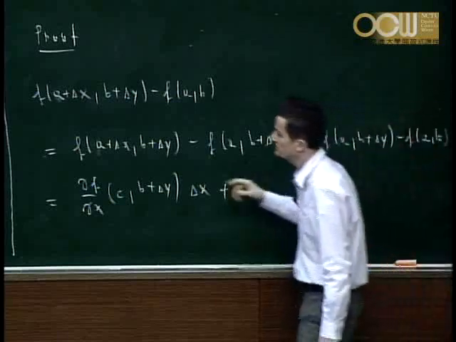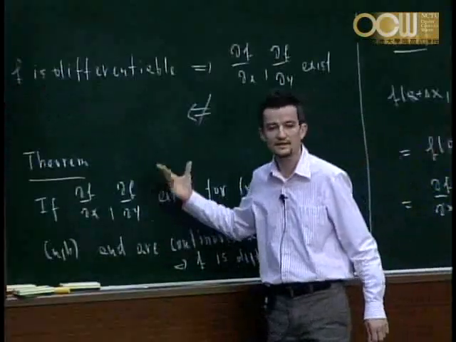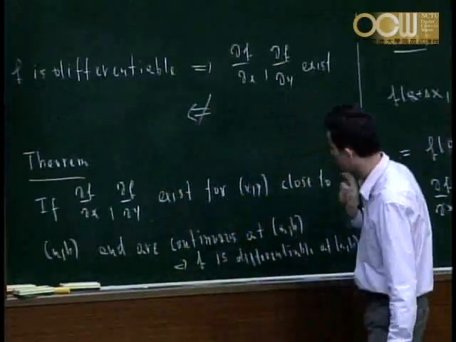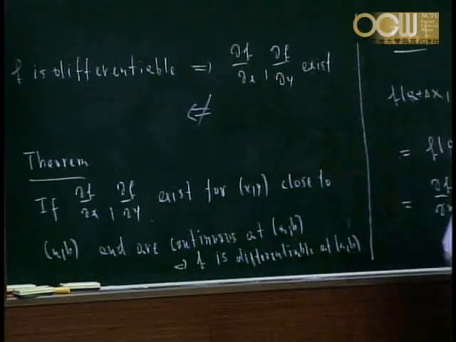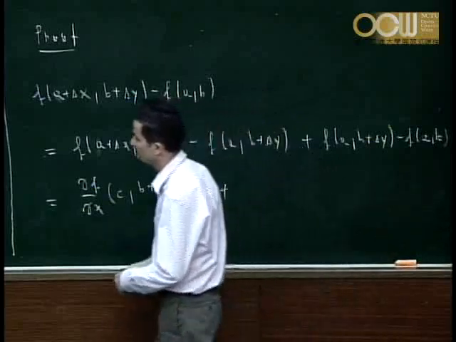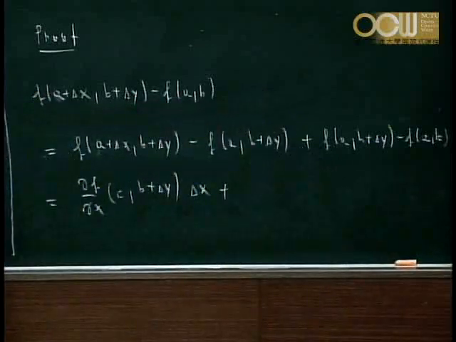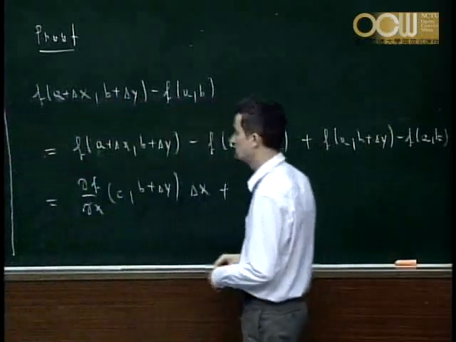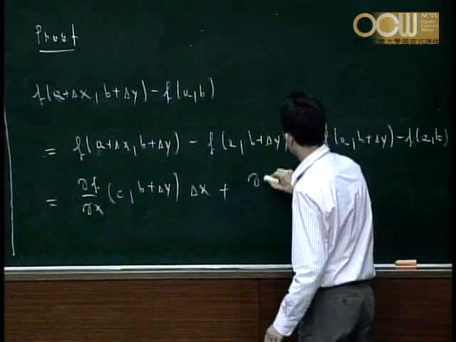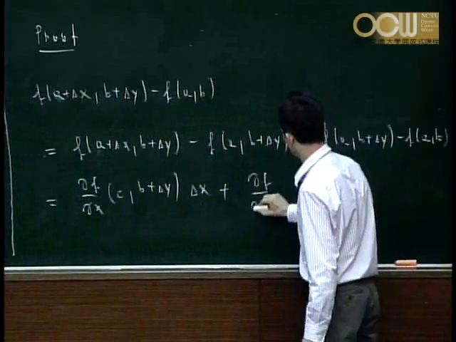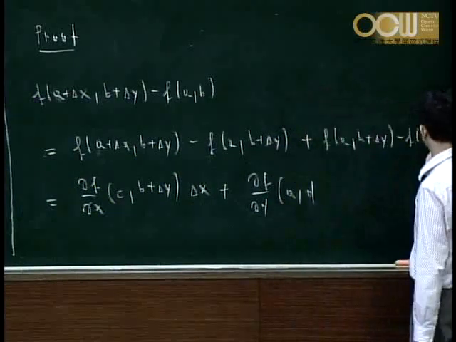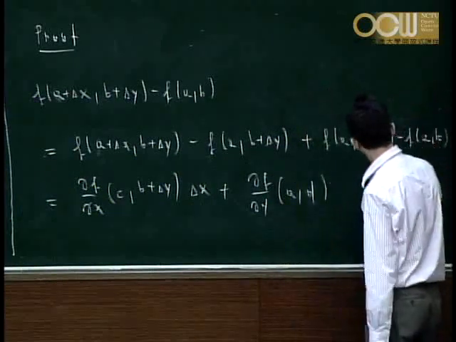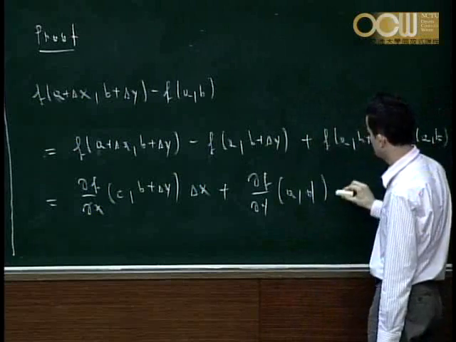Again, because we assume that the partial derivative with respect to y exists, I haven't used yet this condition, you should observe. So this I can do even if the function is not continuous at the point (a, b). I don't need this requirement at the moment. So you see here the partial derivative of f with respect to y, at a and d, which is sandwiched between b and b plus delta y, times delta y.